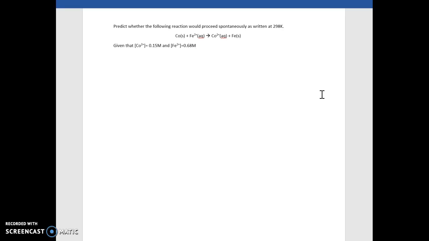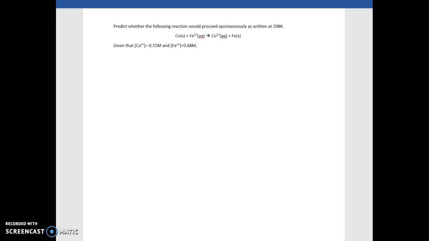And then they give us the reaction of cobalt solid plus iron 2 aqueous yields cobalt 2 ion aqueous plus the iron solid. And they tell us that the concentration of the cobalt 2 is 0.15, and the concentration of the iron 2 ion is 0.68.